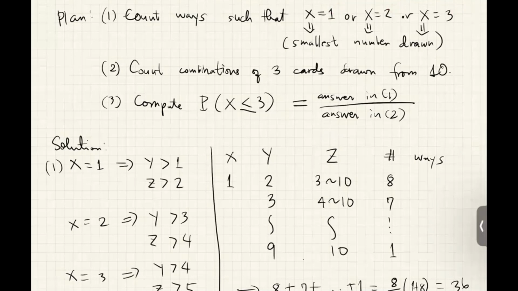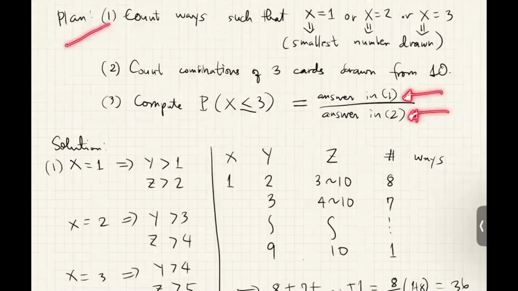We're also going to count the number of all possible combinations of 3 cards that we can pick out of the 10 cards. We do that because the probability is just the number of ways of the event we're looking at divided by the number of all possible ways.